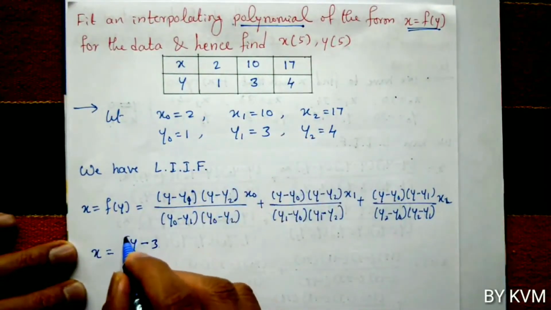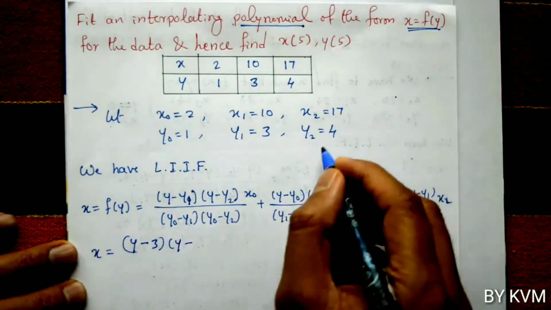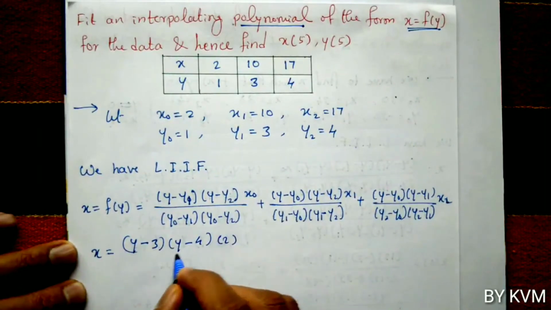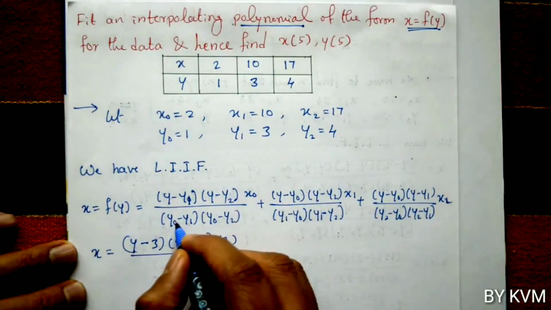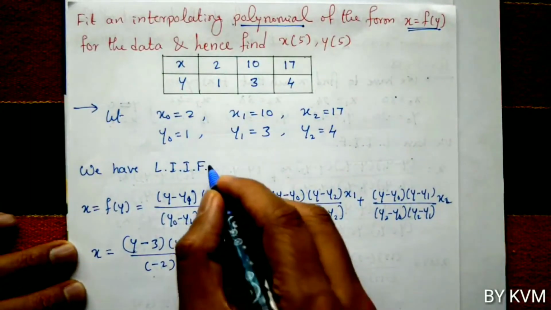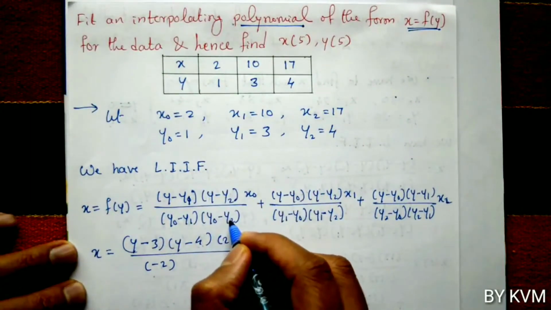So now substitute all the values in the formula, retain y as it is because we have to find the polynomial. So x equals y minus 3 into y minus 4 into x0, x0 is 2, by y0 minus y1 into y0 minus y2, y0 is 1.